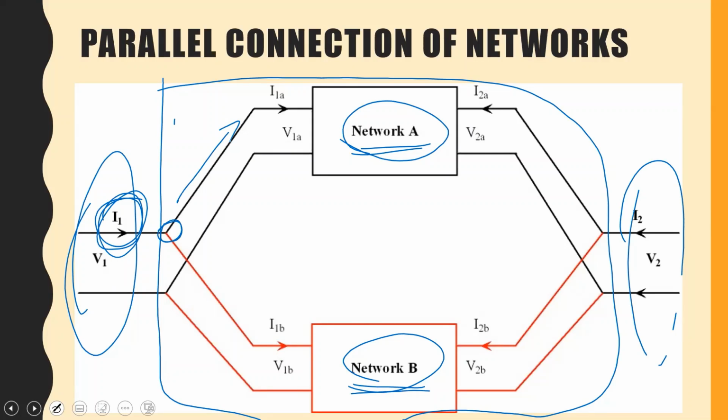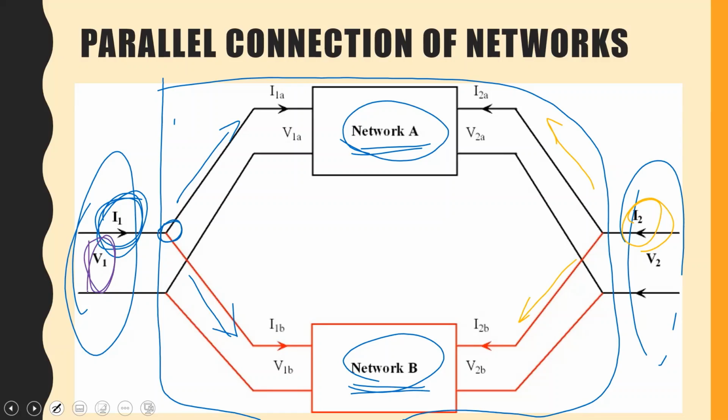So we have I1A going to network A and I1B going to network B. If we go on the output side, we have I2, we have I2A going into network A, and we have I2B going into network B. Everybody see that? Yes, sir.